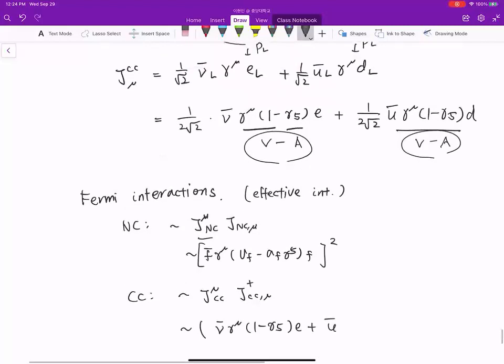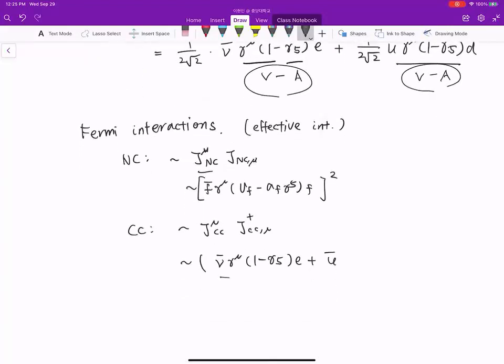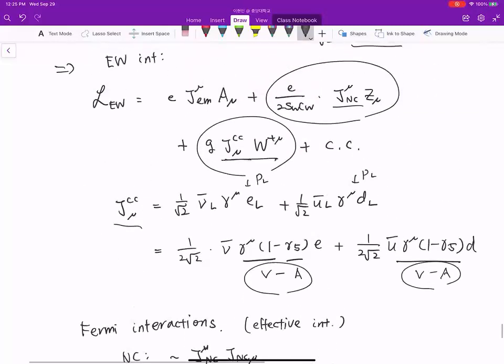This is the conjugate. The charged current carries a certain charge, because it couples to the W boson, and the combination must be charge neutral.